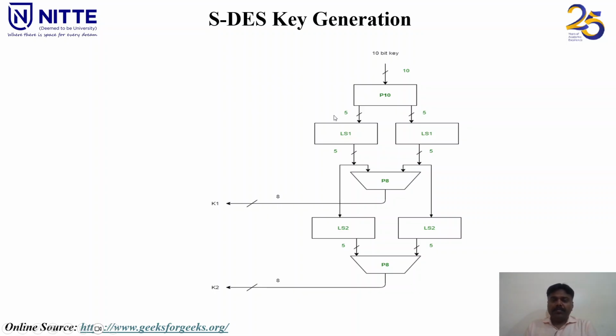And whatever we have done with the left shift operation by 1 bit, I'm going to perform one more time the left shift operation. From that output I'll select the permutation of 8 bits, and those values will become k2. So this is how the key generation algorithm derives 2 sub keys from the original 10-bit key.